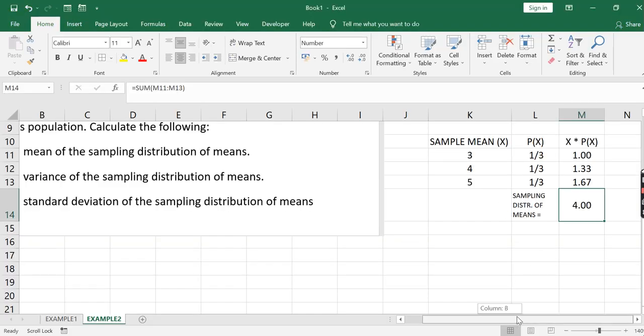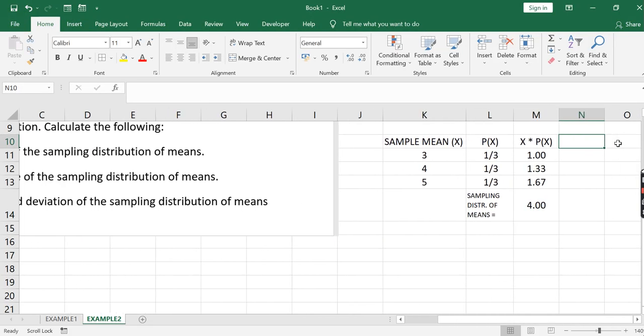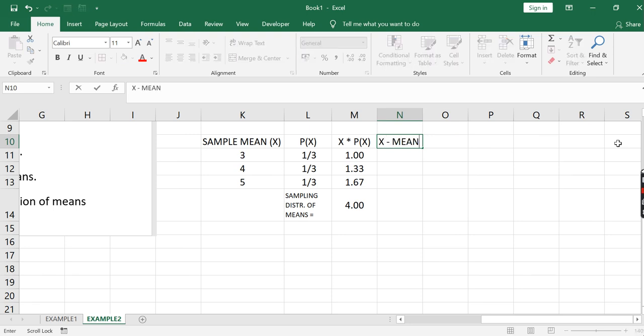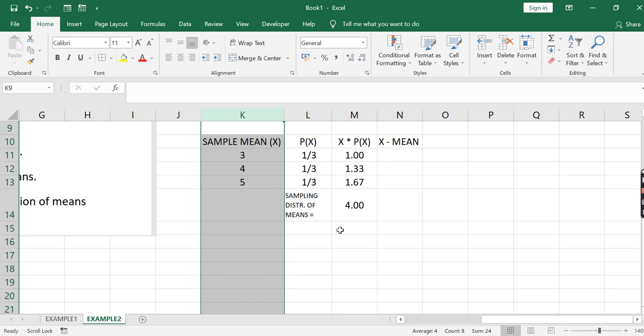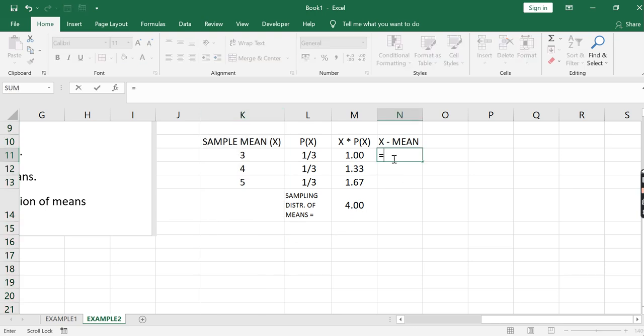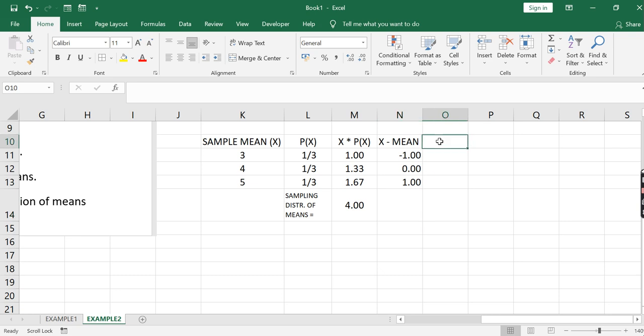So let's get the variance for this. Let's proceed with the x minus mean. x is in column K, while the mean is a constant 4. Negative 1 minus 4 is negative 5, 4 minus 4 is 0, and 5 minus 4 is 1.